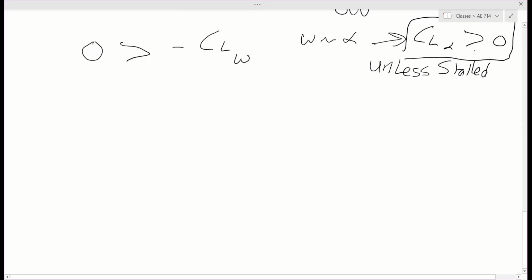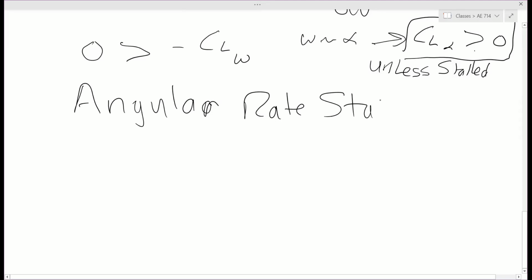All right, let's do angular rate stability. These are easier. So here we're talking about a roll rate disturbance.